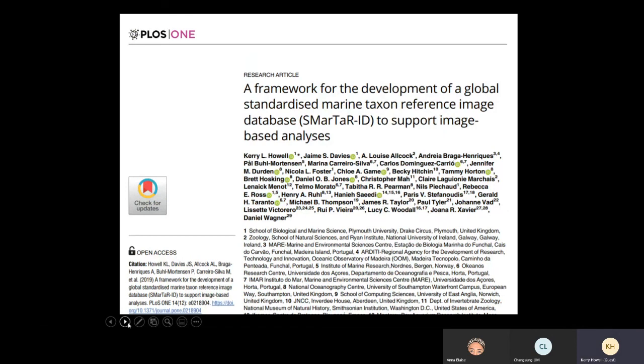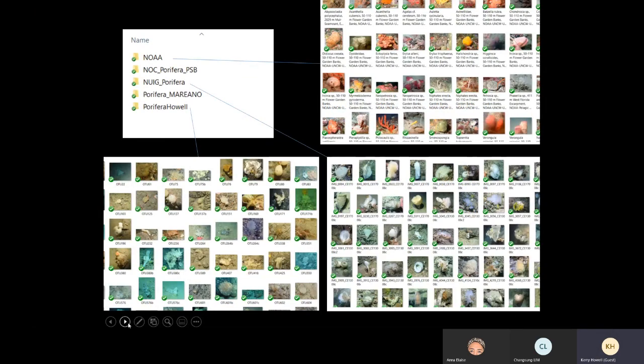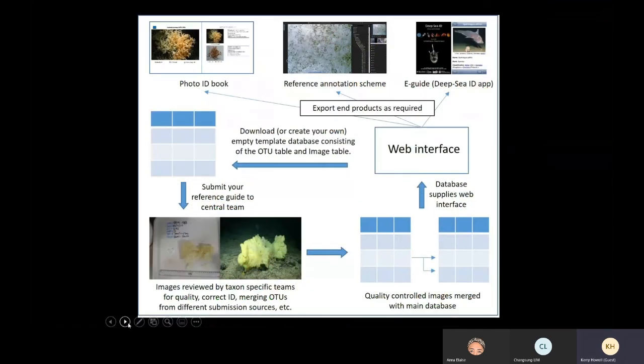This is the paper, which sets out a framework for the development of a global standardized marine taxon reference image database to support image and video-based analysis. And we gathered together the reference libraries that have been created by multiple researchers and labs from around the North Atlantic, and we're in the process of merging those libraries together to create one standard library.